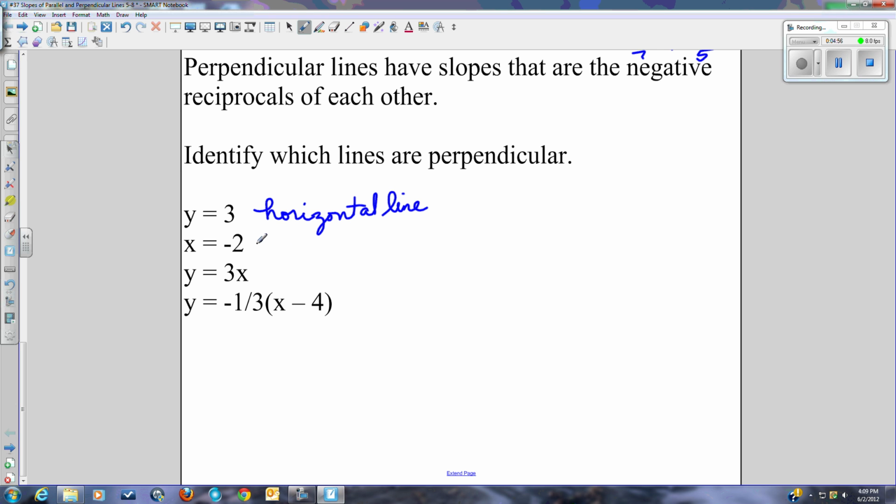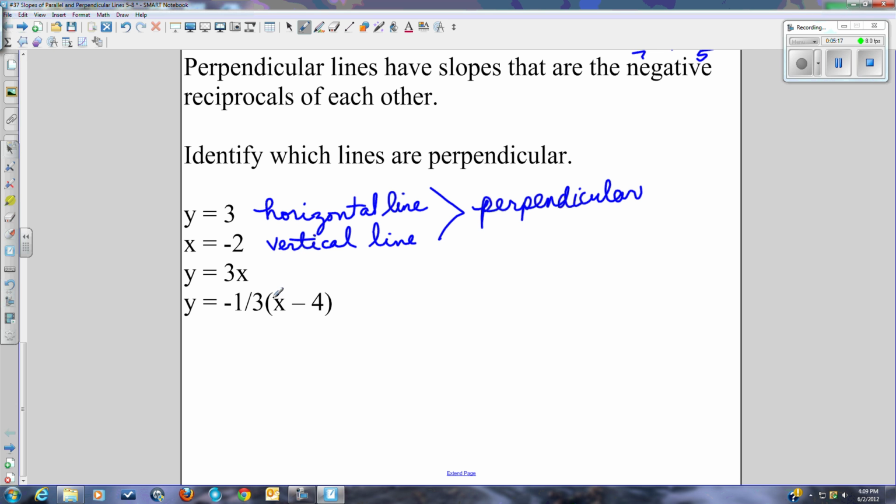X equal to a number is a vertical line. Well, a horizontal line and a vertical line are going to automatically be perpendicular to each other. We don't even need to think about the slopes or the negative reciprocals or anything like that.